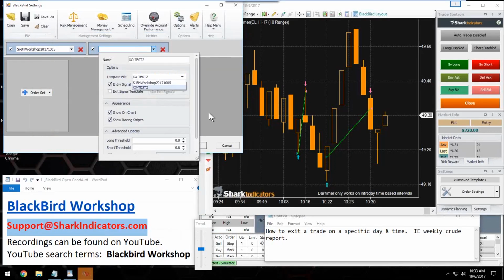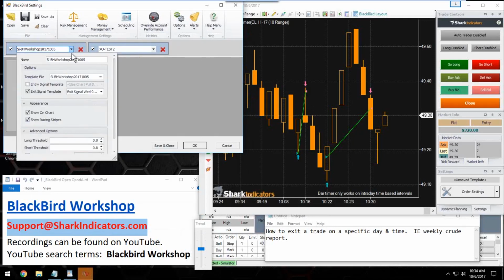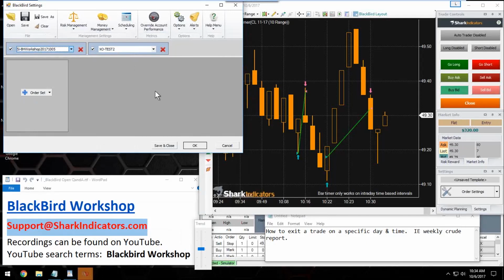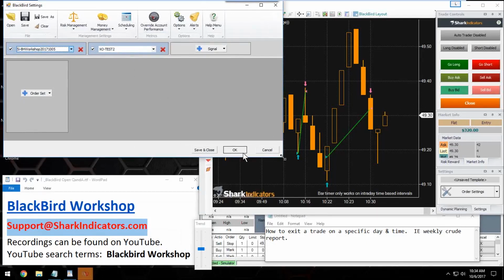There's no limit on that. So I can take entry signals from a totally different BloodHound template, and then I can take exit signals from a different BloodHound template. So you can mix and match as much as you want, and I can keep adding more and more BloodHound templates, as you see fit.